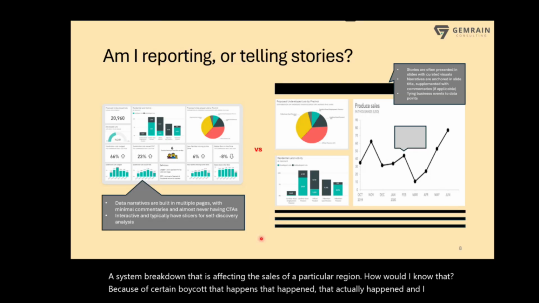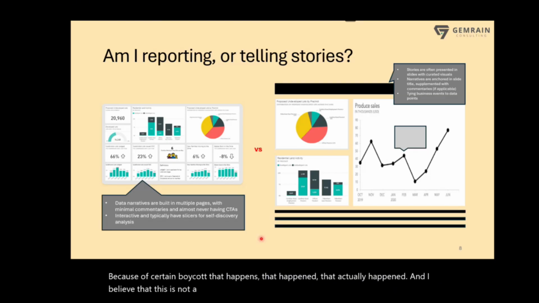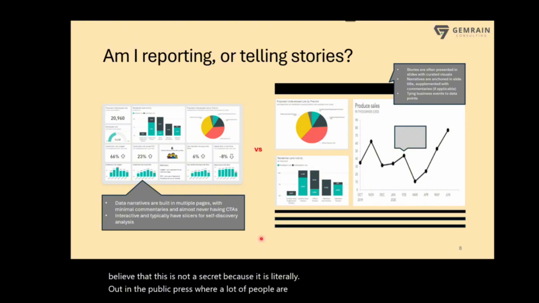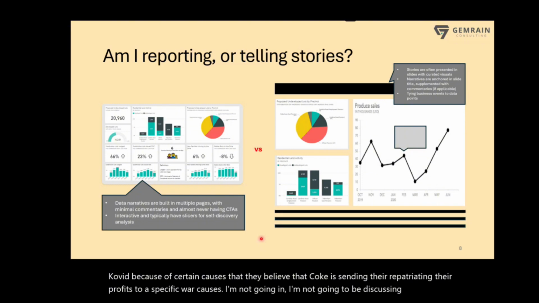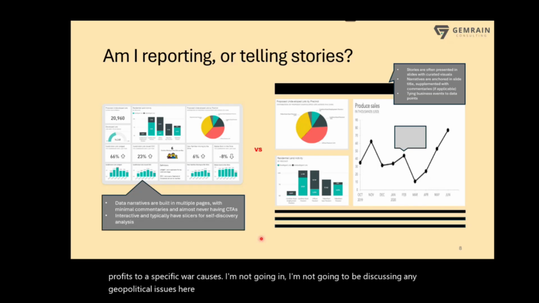And I believe that this is not a secret, because it is literally out in the public press, where a lot of people are boycotting the Coca-Cola brand right after COVID because of certain causes, that they believe that Coke is repatriating their profits to specific war causes. I'm not going to be discussing any geopolitical issues here, so I'm going to leave it as that.